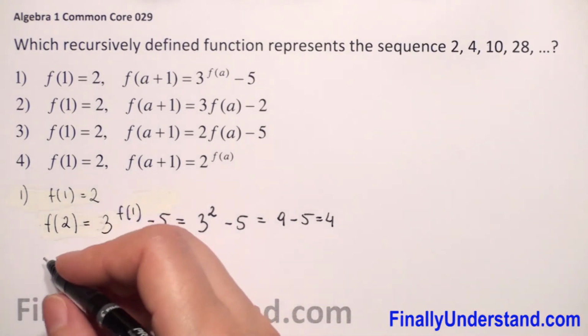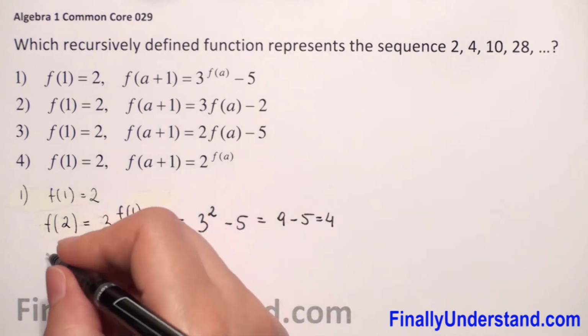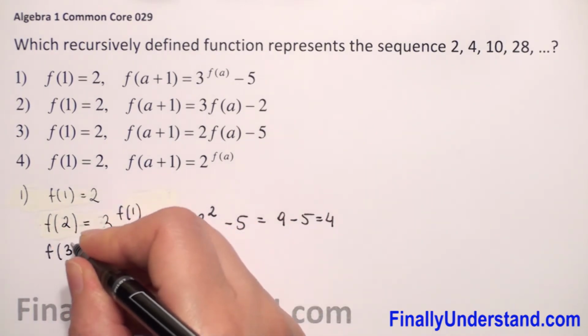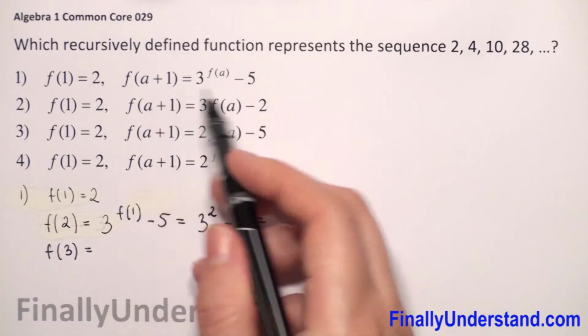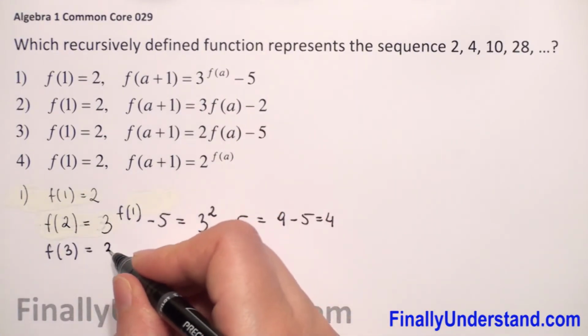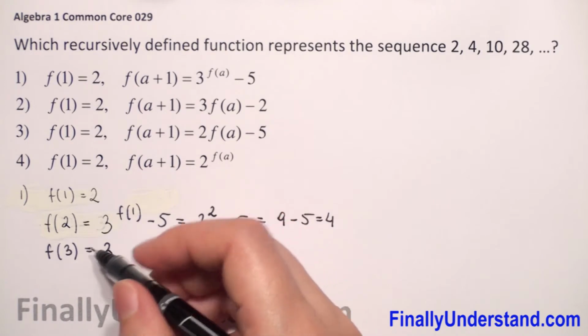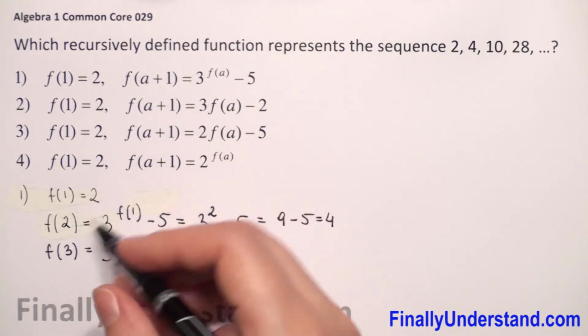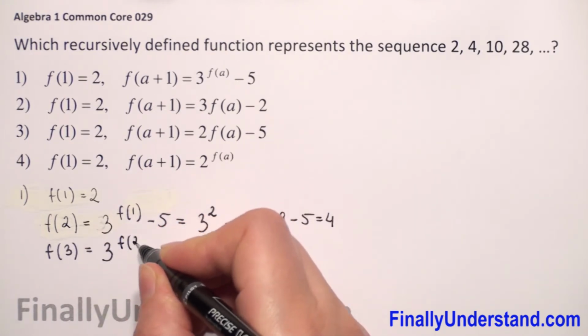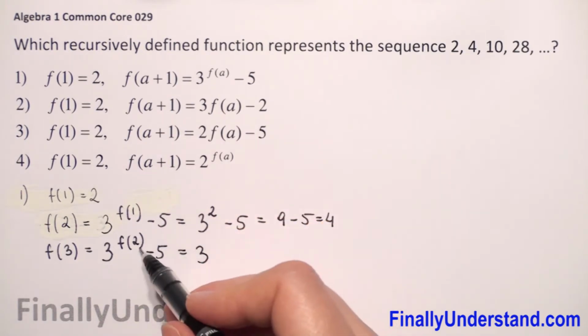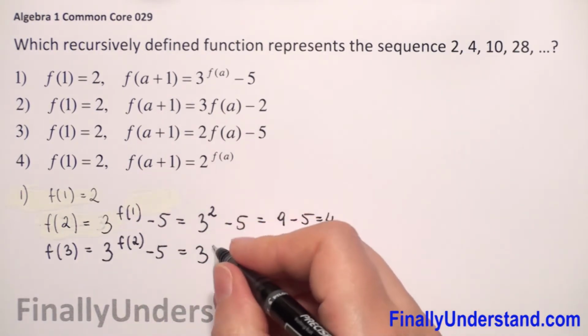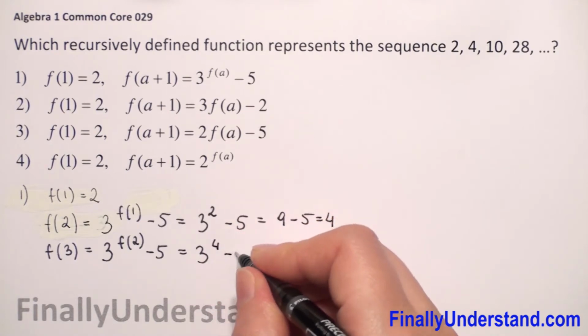Let's see if the third term will be the same. What will f of 3 be? We have to use the same definition again. So this is 3, we copy. The term before f of 3 is f of 2, so it will be 3 to the power f of 2 minus 5. This is equal to 3, we copy, f of 2, we calculated that this is 4, and we have minus 5.